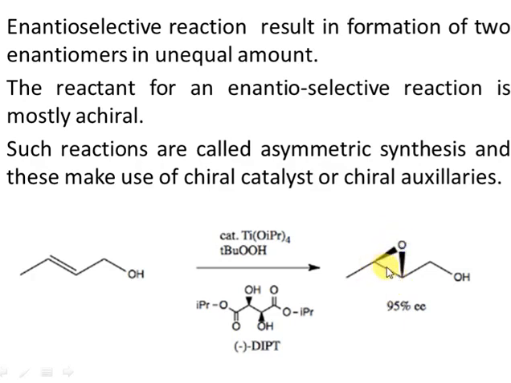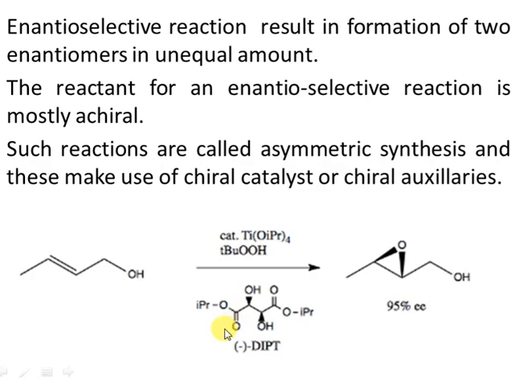So for this isomer, you can see here, you are getting 95% enantiomeric excess. The other isomer will be formed in 5% enantiomeric excess, so that other isomer will be considered recessive, while the enantiomeric excess of this isomer is 95%. So what is this molecule?